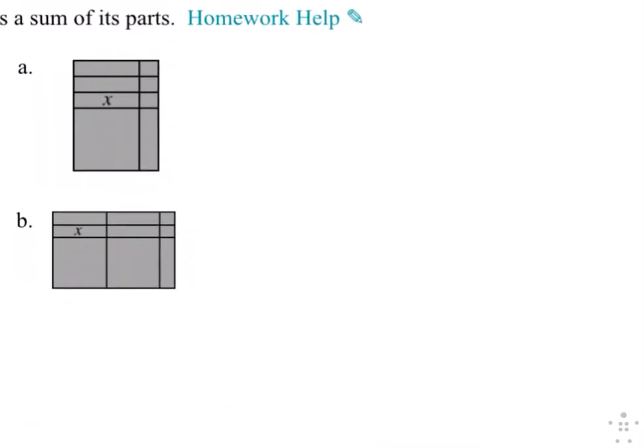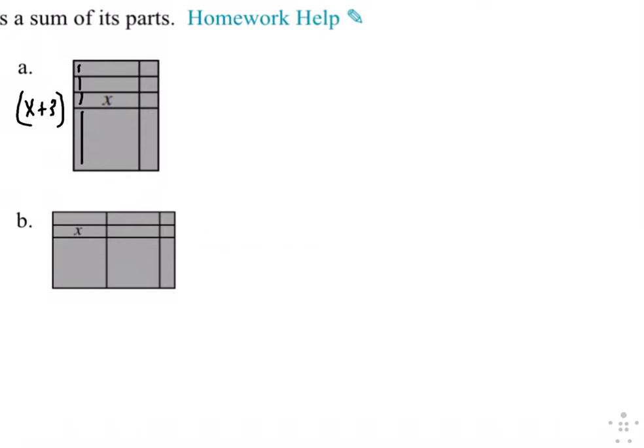So let's label the sides, the length and the width. This length right here, from here to here, that's x. And then these are ones, ones, ones, the length. So this side is x plus 3, right?